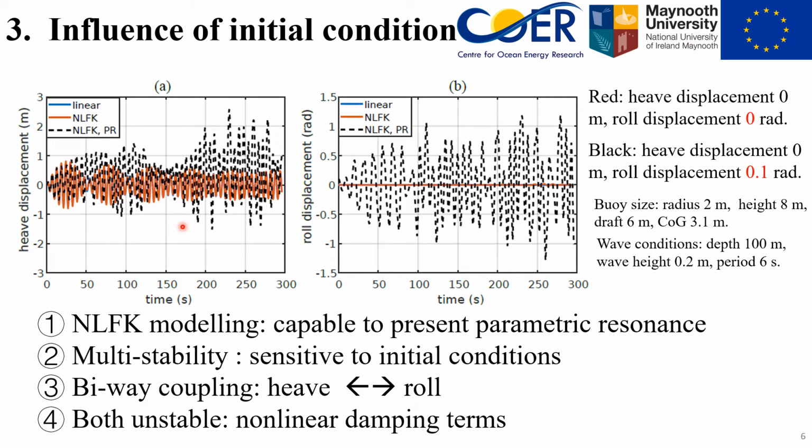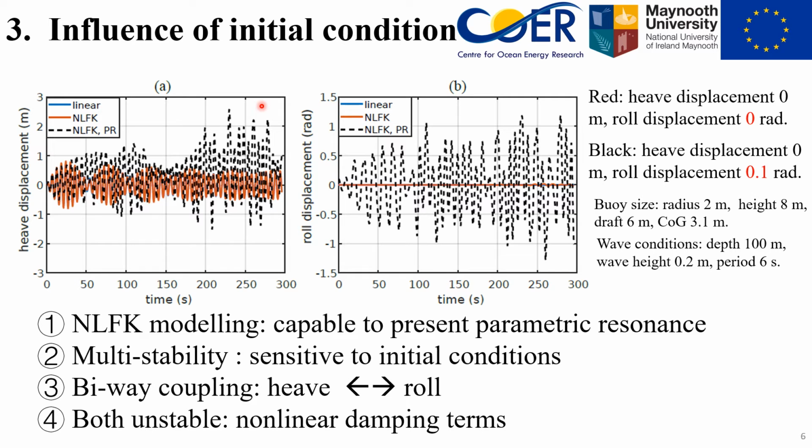In addition, this figure also shows that the nonlinear FK modeling method is capable of representing the parametric resonance and the two-way coupling between different degrees of freedom. In this figure, the nonlinear viscous force is not considered, and only the linear damping term is considered.